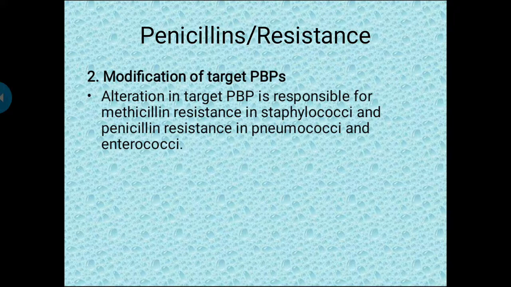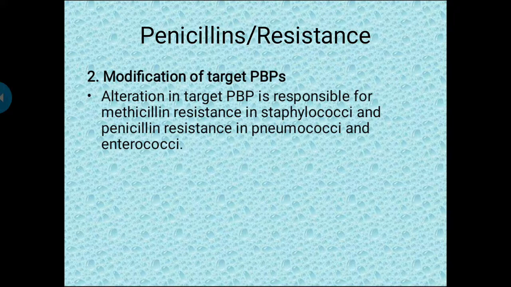Methicillin was first thought to be a drug to be used as an anti-staphylococcal penicillin because methicillin was resistant to the penicillinase enzyme, but it was found that some Staphylococcus aureus are resistant to methicillin as well. The reason found was that methicillin cannot bind to this altered penicillin binding protein expressed by some Staphylococcus.